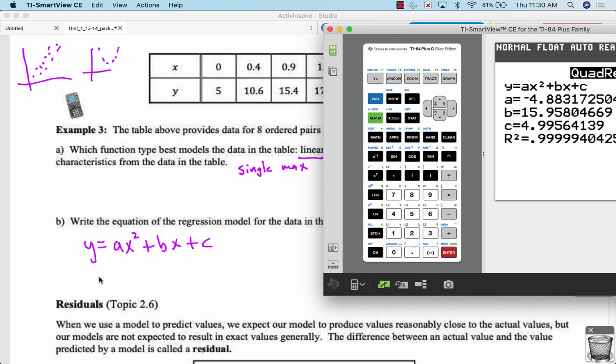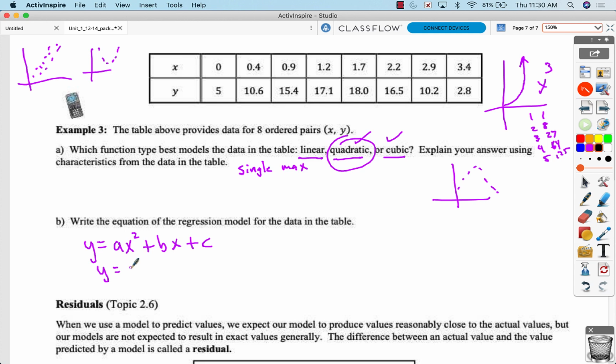Okay, so this is going to be y equals negative 4.883x squared plus my b is 15.958x. Remember, always round to 3 decimals. Plus 4.996. So that's your equation.